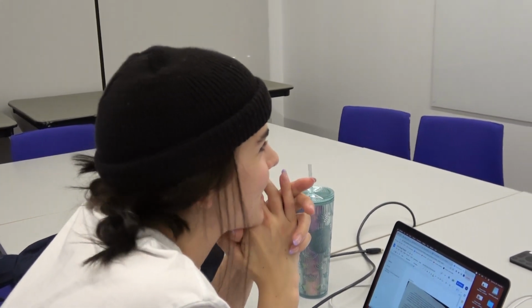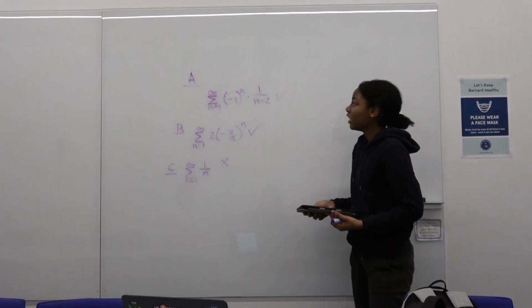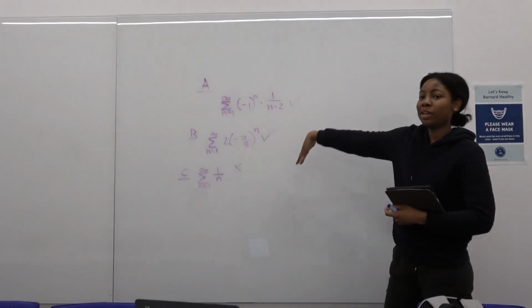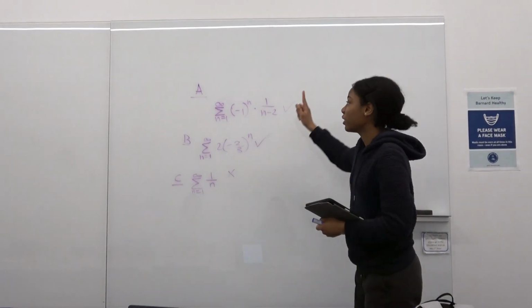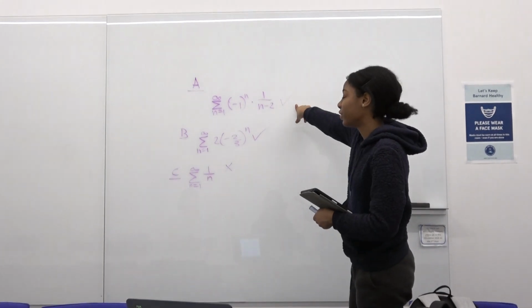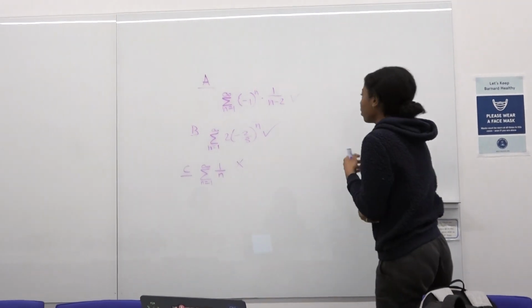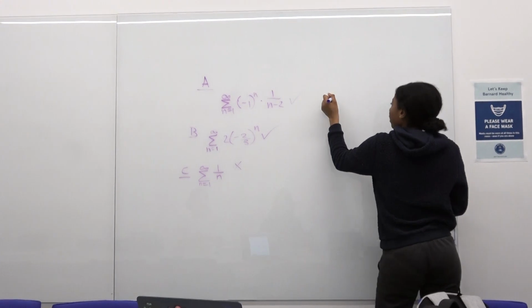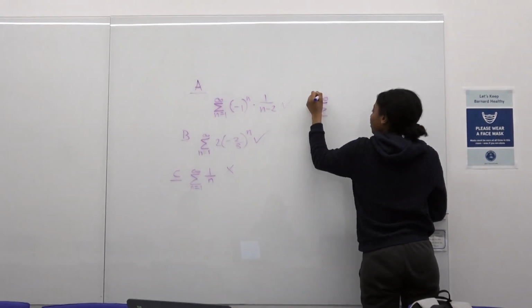Now I have another question for you. Which of these converges? Oh, I don't know. That's perfect, because now I'm just going to briefly explain what each series is. For option A, we just have a regular alternating series where the two critical parts would be, I'm just going to rewrite it one more time.